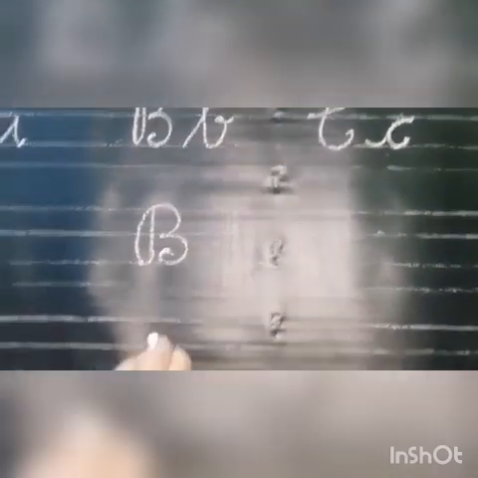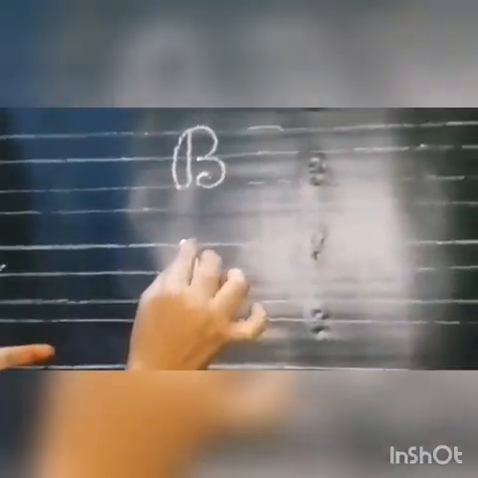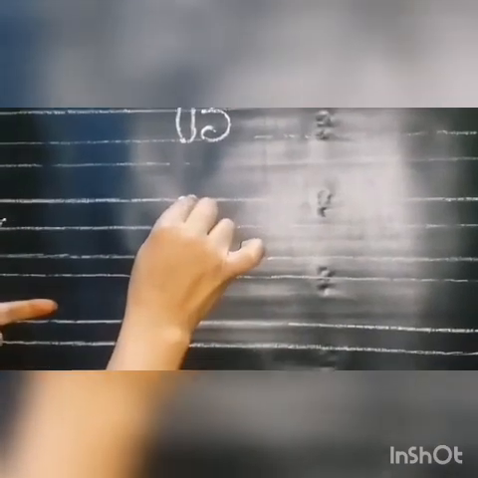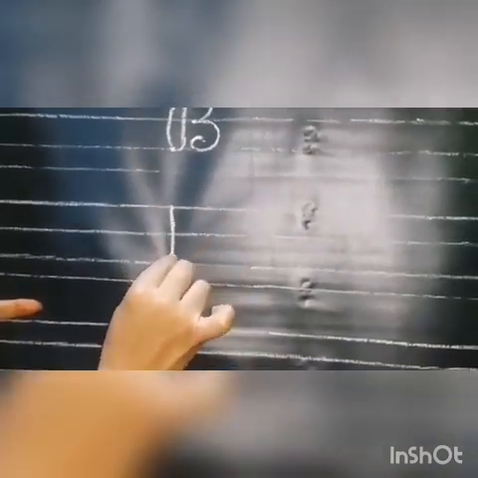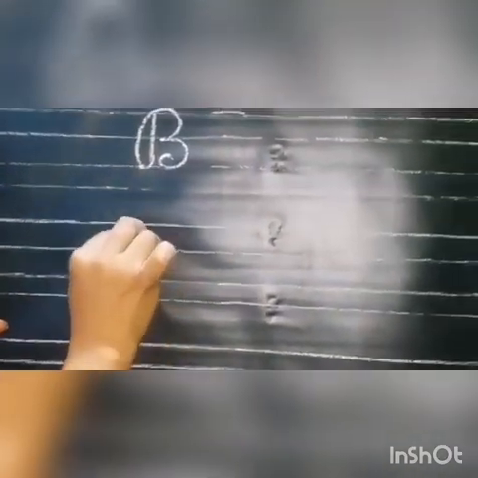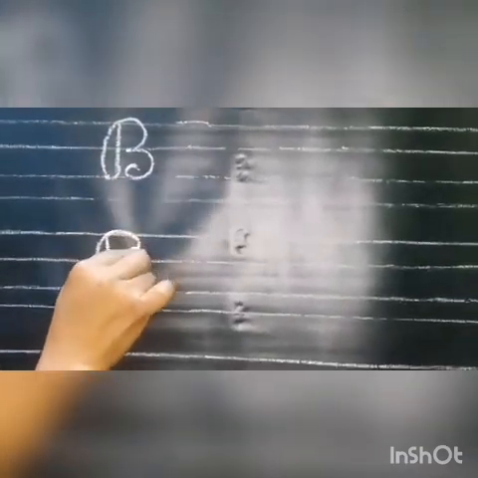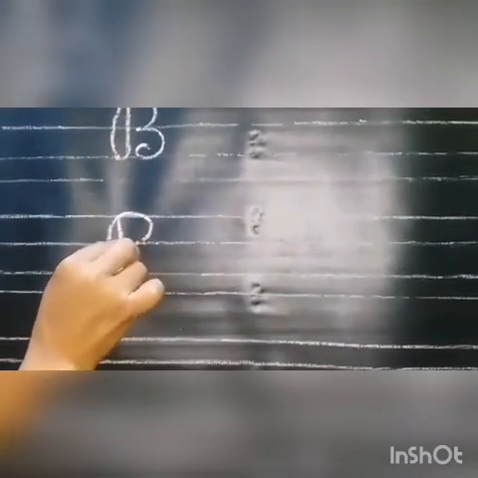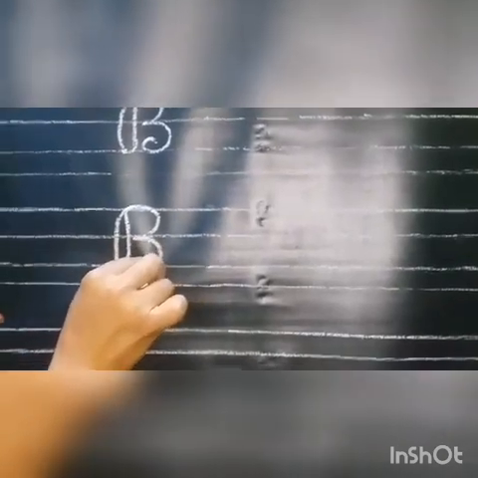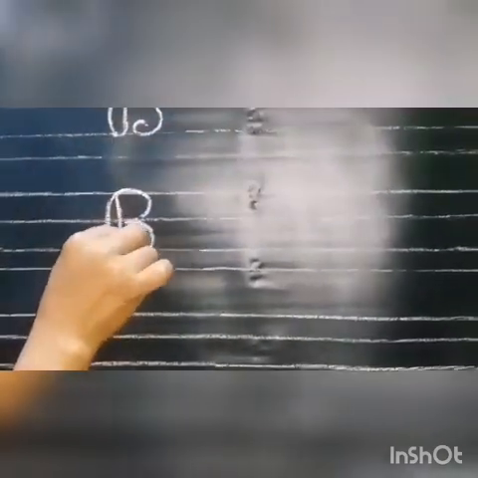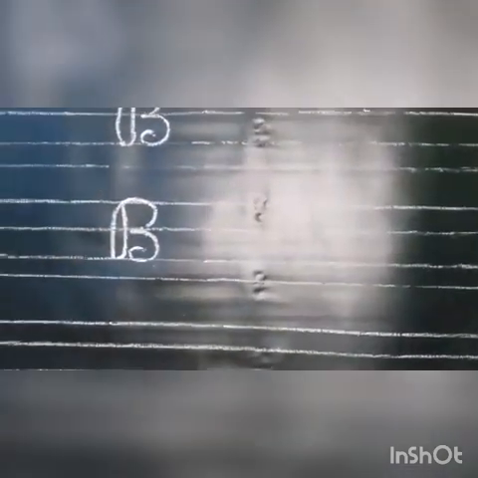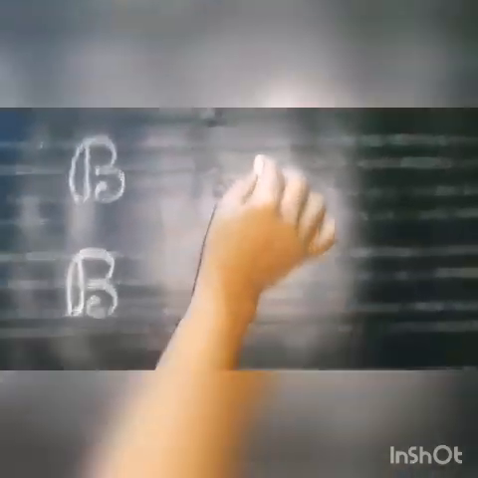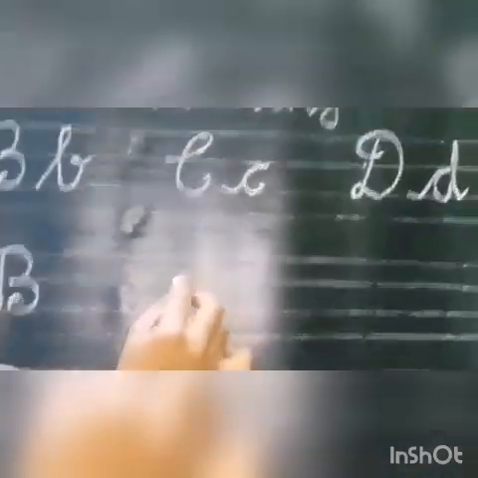Once again I write. You make a standing line from the first line to the third line and make a curve and make a half circle line and another half circle line to get alphabet B. Then we see the letter C. How to write it?